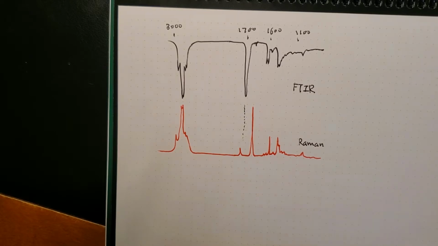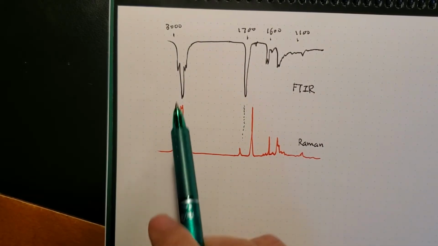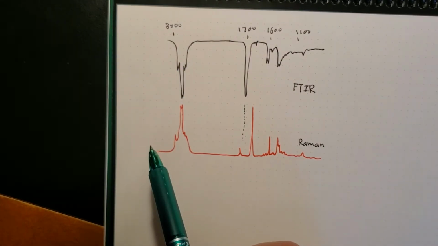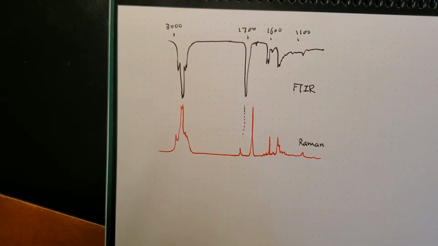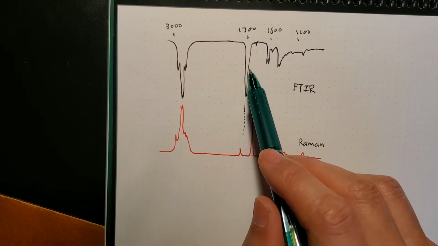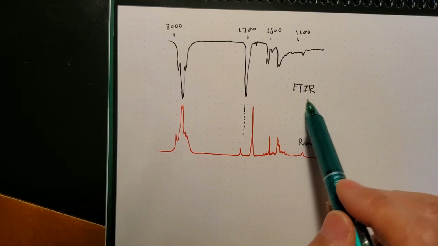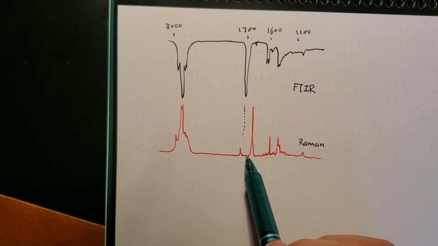Here are the FTIR spectrum and the Raman spectrum, and this 3000 area is for sp3 CHs. They're pretty similar, right? It's not always the case, but most of the time. And then the C=O carbonyl groups are intense in IR, but not necessarily intense in Raman. This time it came out very small.